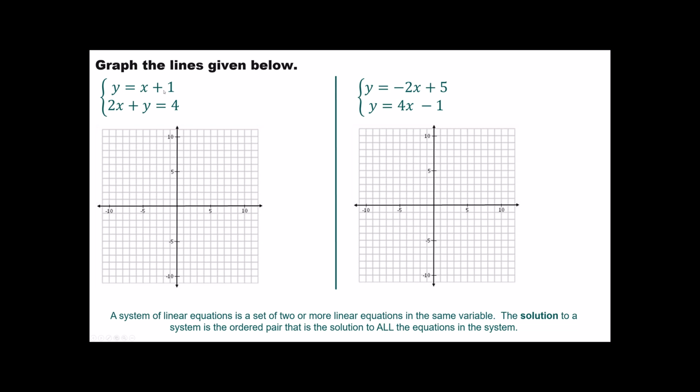Notice this first equation is written in slope-intercept form, y equals mx plus b, where the number in front of x tells us the steepness of our line, and the number that's out here by itself tells us where our graph is going to cross the y-axis. So, since there is no number written in front of the x, we know that it is a 1, and the y-intercept is the point (0, 1).